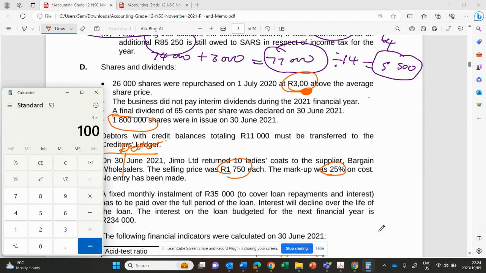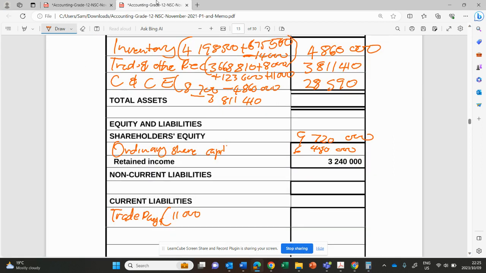Oh, we don't have the percentage of this amount. So yeah, I think that is how we get it.